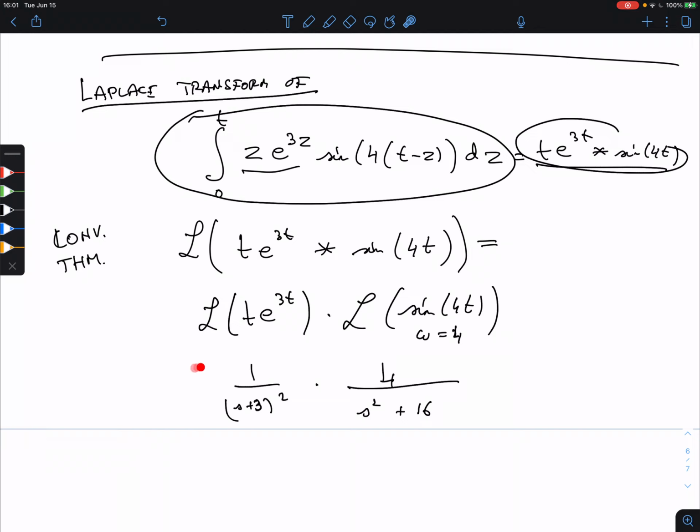So we would have A, B, and C for the powers of s plus 3, and here we would have Ds plus E. So we have 5 unknowns, and you need a little linear algebra to solve this. In principle we can find the inverse Laplace, and use it to calculate this integral, but in the question they don't even ask you to do that. They just say, give me the Laplace transform of that. So understand that question correctly.